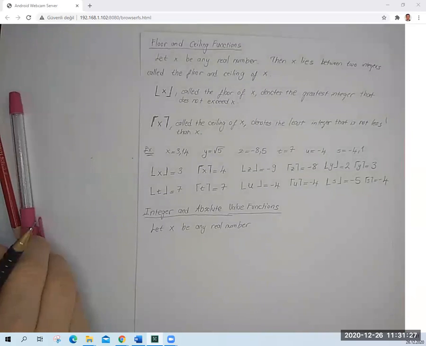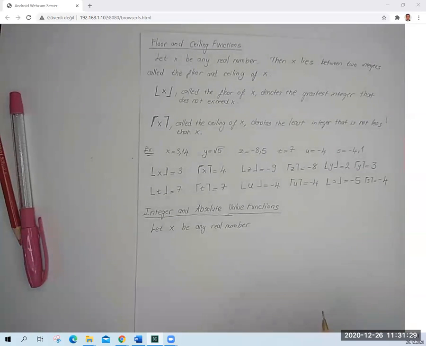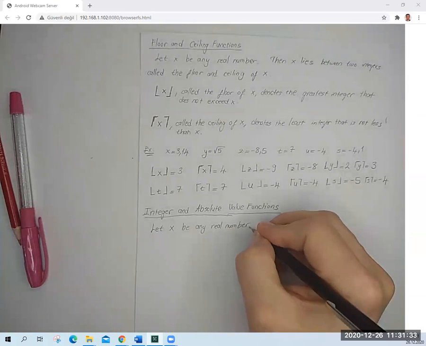Okay, so integer and absolute value are also inside of the coding.